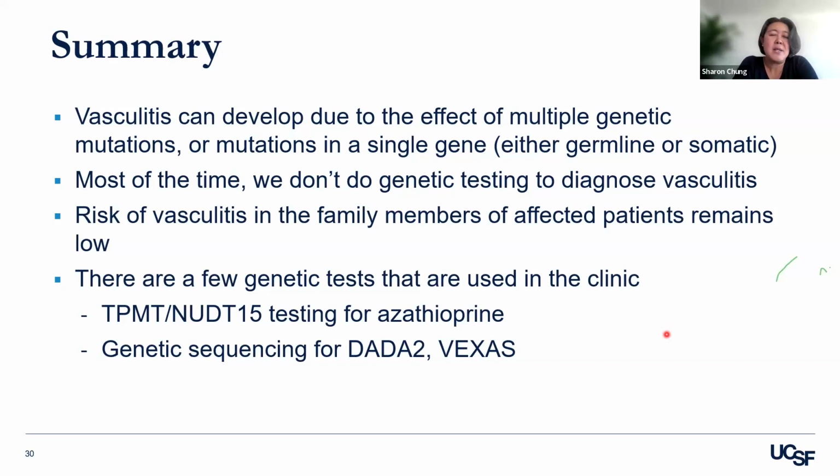Because of that, most of the time we don't do genetic testing to diagnose vasculitis, and the risk of vasculitis in family members of affected patients is really low. There are a few genetic tests that we utilize clinically. So as I said, the genetic testing that I do for azathioprine and the genetic sequencing we can do for DADA2 and VEXAS.